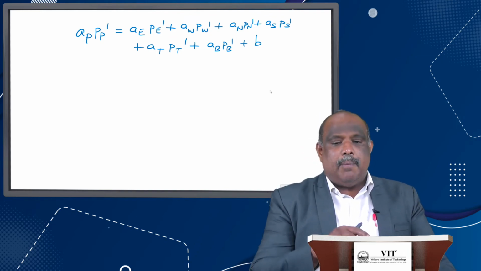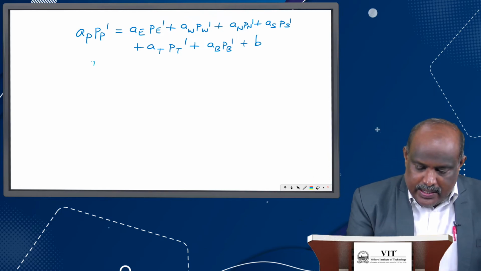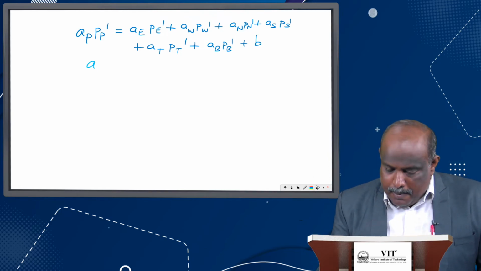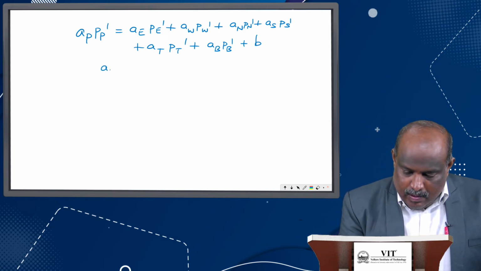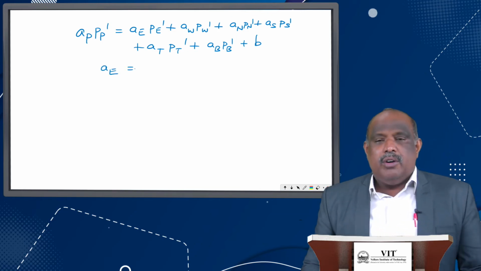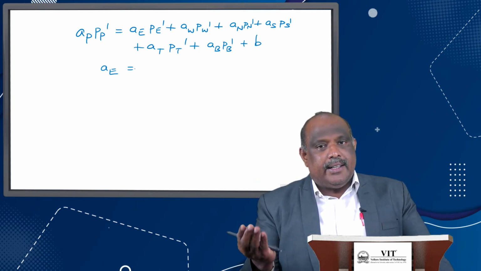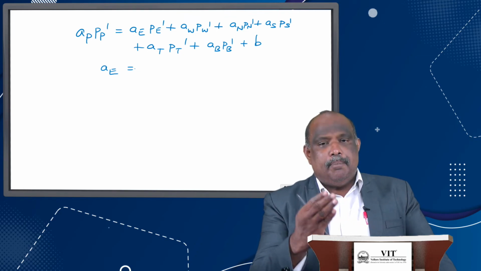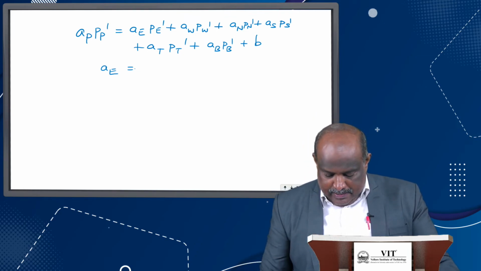Now let us try to obtain what AE is. What is AE? The coefficient of PE prime. The terms which are before PE prime are nothing but AE. So let us go to the previous equation.